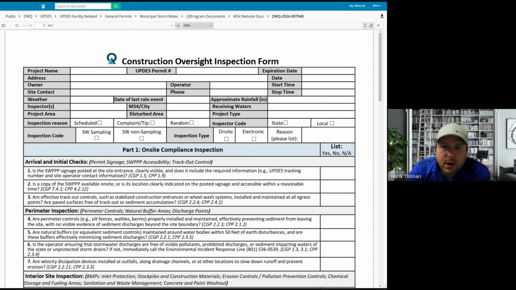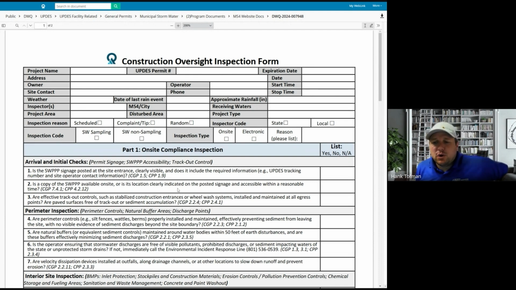Sometimes they'll put a track-out pad on one exit, but then people will start to go around it. They'll try to circumvent it, or they'll go out a different side of the project. The guys that are driving trucks and stuff, they don't like to go over the track-out pads. The whole purpose of the track-out pad is to make you bump around and knock off all the dirt. Well, a lot of times they don't like that, right?